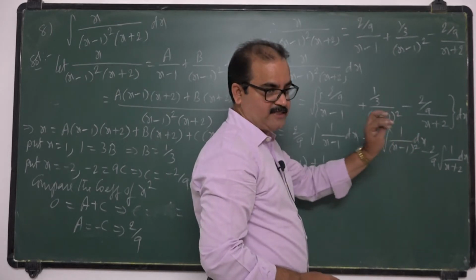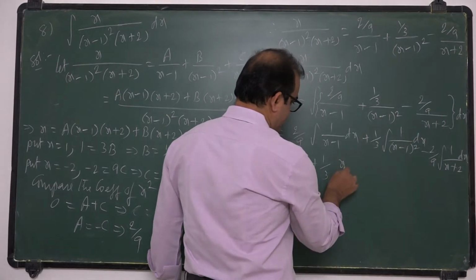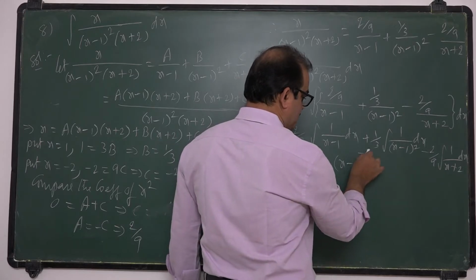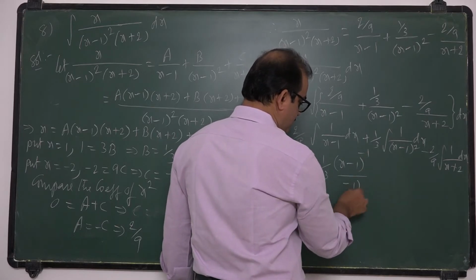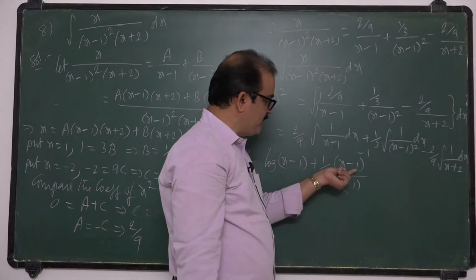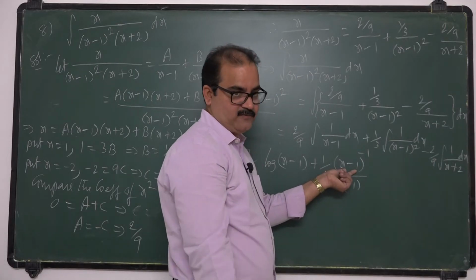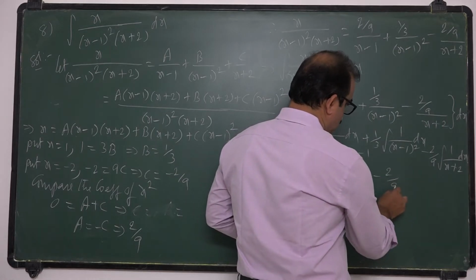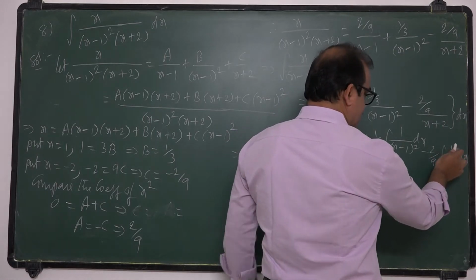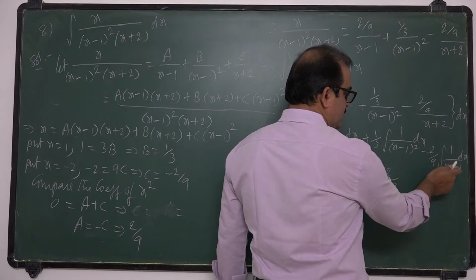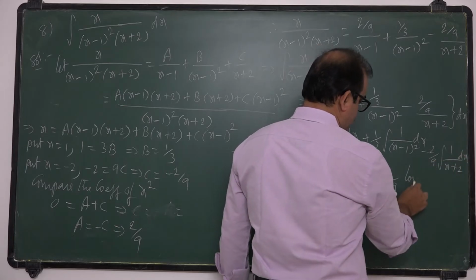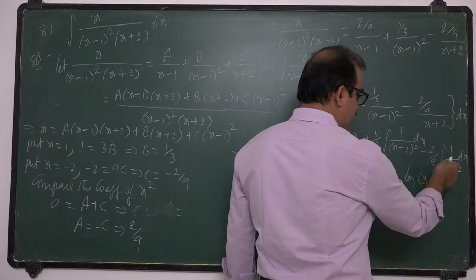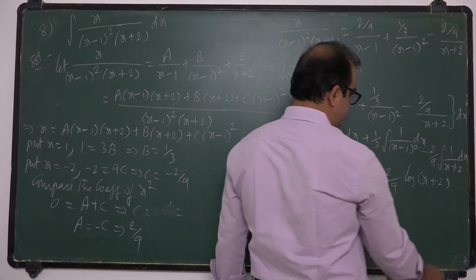The n value is minus 2. We get x power n plus 1 by n plus 1, that is minus 2 plus 1, minus 1, by the derivative of (x minus 1), that is 1. Minus 2 by 9 into, it is also in the form of integral 1 by x dx, that is log of (x plus 2) by the derivative of (x plus 2), that is 1.